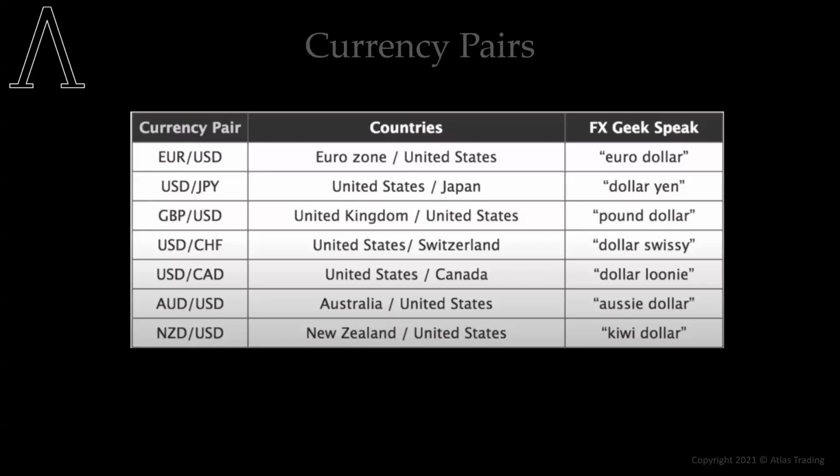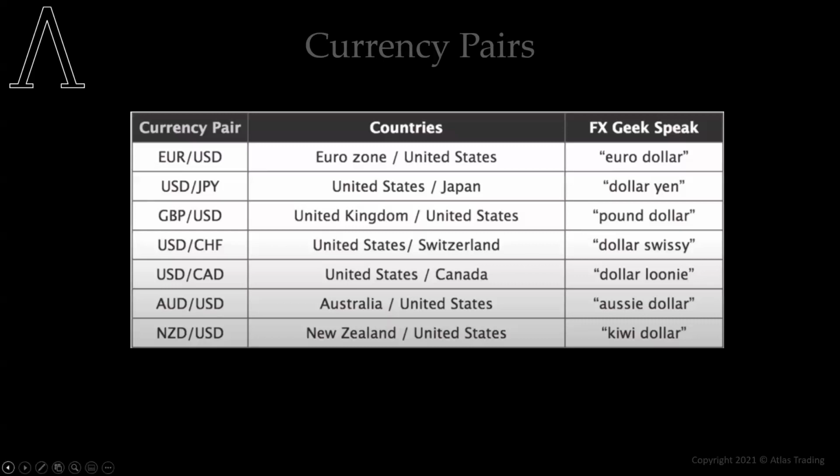They also renamed euro dollar fiber, but it hasn't been accepted by many. Just as a way to introduce it, you'll hear us call these pairs by different names, but they mean the same thing. Like dollar loony, for example, we never say that. We just say dollar Bieber, or dollar CAD.